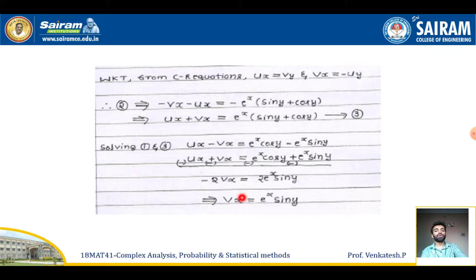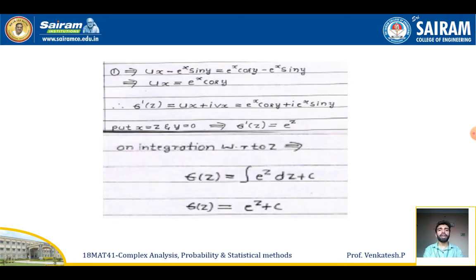Once we have the value of vx, we can easily estimate the value of ux also. I'm going to replace this vx value in equation number 1, so that I get ux - e^x sin y = e^x cos y - e^x sin y. On simplifying, ux = e^x cos y.